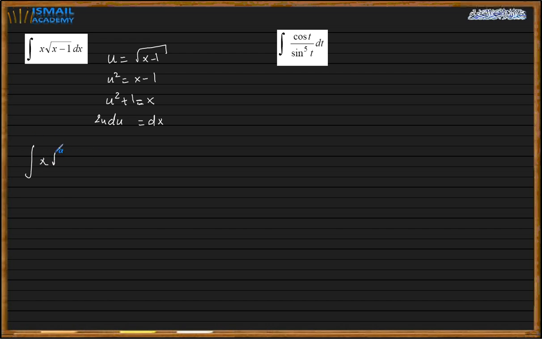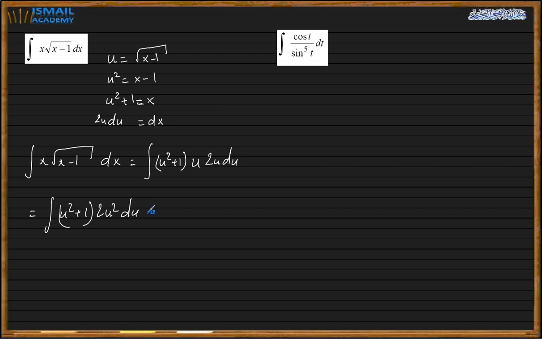Now I substitute. So x times the square root of x minus 1 dx is the same thing as: x is u squared plus 1, the square root is u, and dx is 2u du. Now I multiply, so I get u squared plus 1 times 2u squared du. I distribute u squared and put the 2 outside, so it's 2 times u to the 4 plus u squared du.